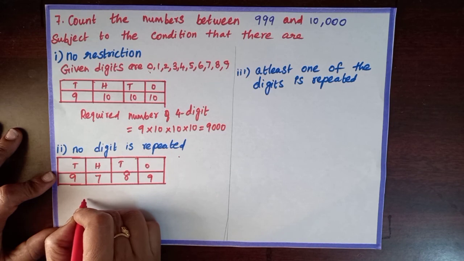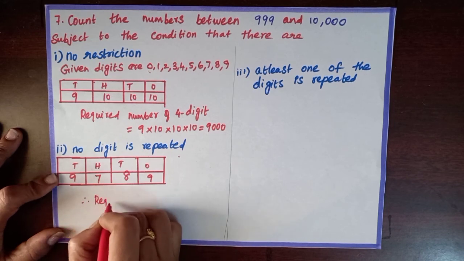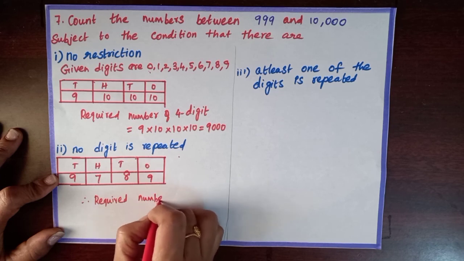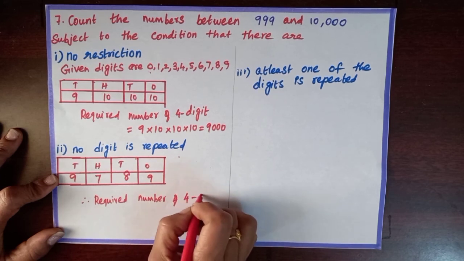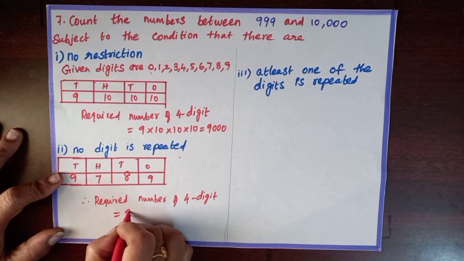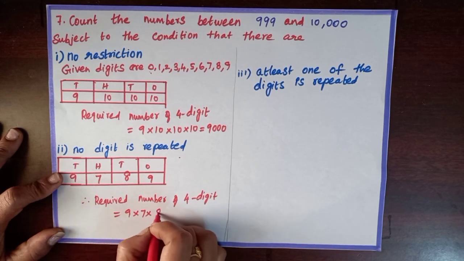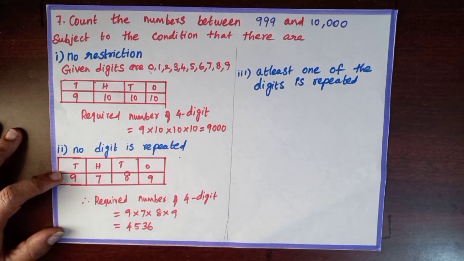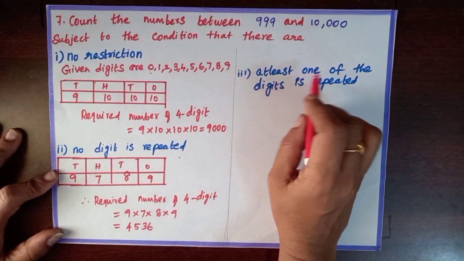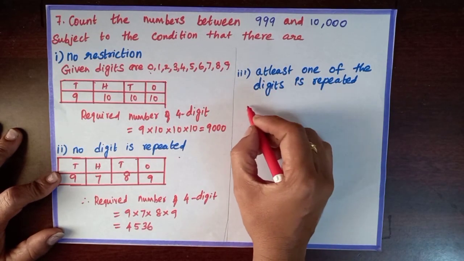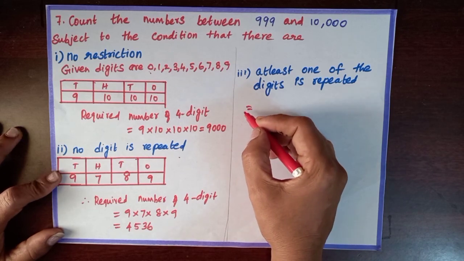Therefore, the required number of 4 digit numbers is equal to 9 into 7 into 8 into 9, which is equal to 4536.